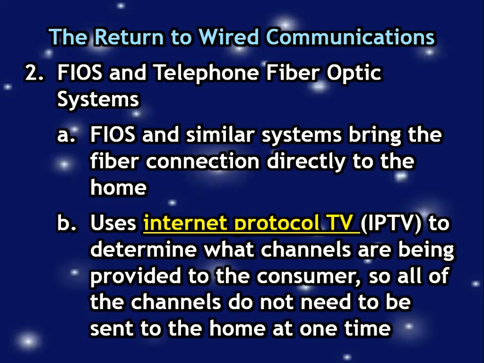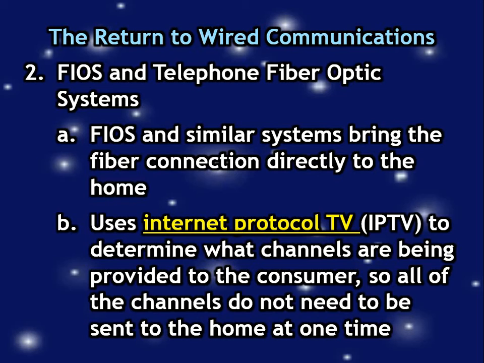Fios and telephone fiber optic systems. Fios and similar systems bring the fiber connection directly to the home. It uses what's called Internet Protocol TV, or IPTV, to determine what channels are being provided to the consumer so that all of the channels do not need to be sent to the home at one time.